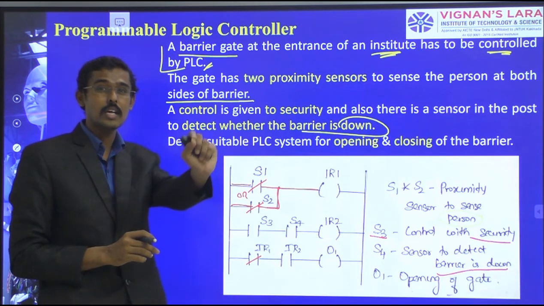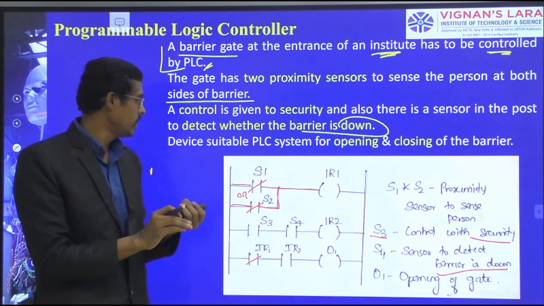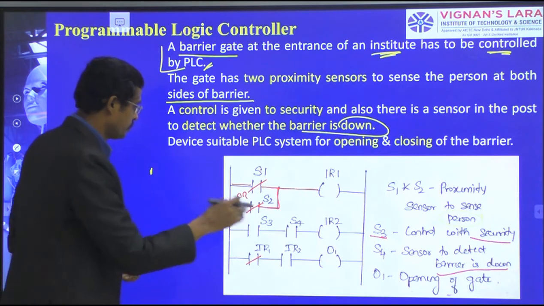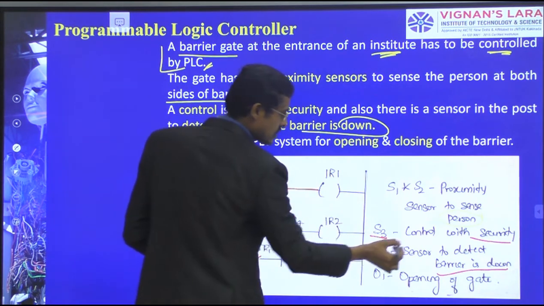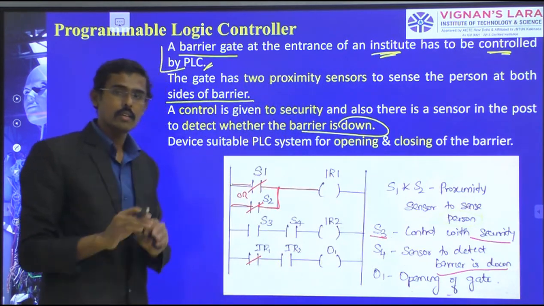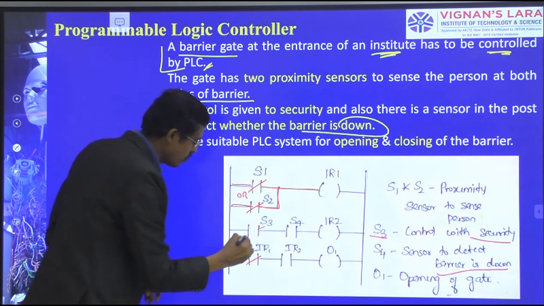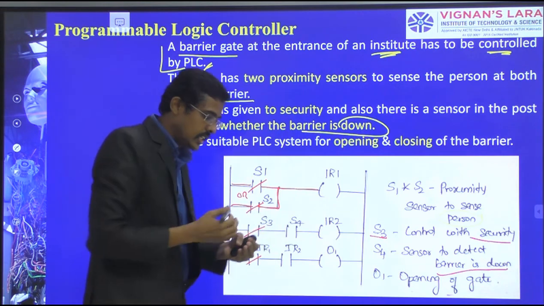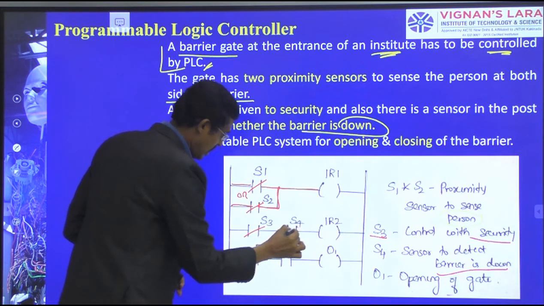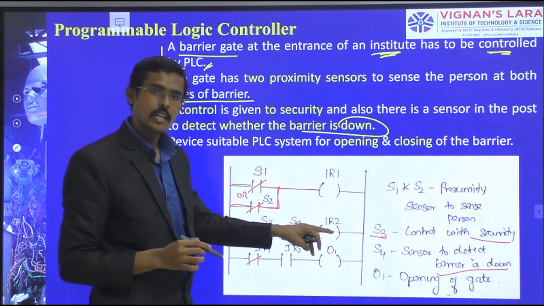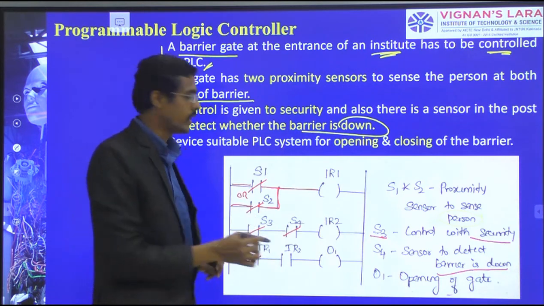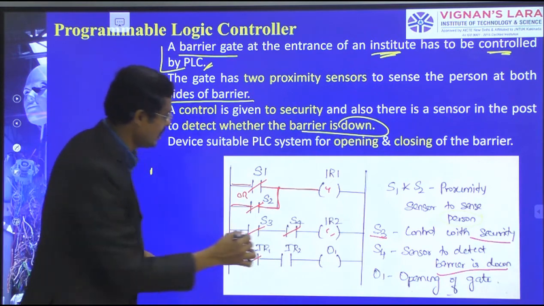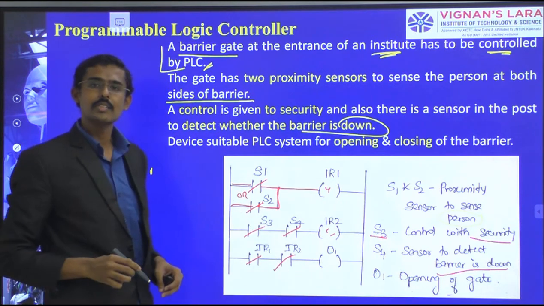Now, who has to decide? It has to be decided by the post and by the security. Now this S3 is controlled by the security. Security gives the permission, and the person can move. Then the post also detects he is coming very near. Now internal relay coil 2 is activated and gives the connection to IR2.